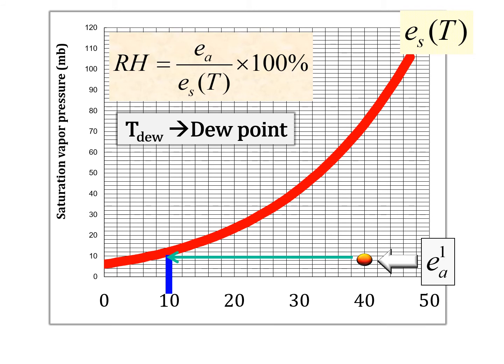If we add more water molecules into the air, the vapor pressure becomes larger. It goes up as more water molecules evaporate into the air.